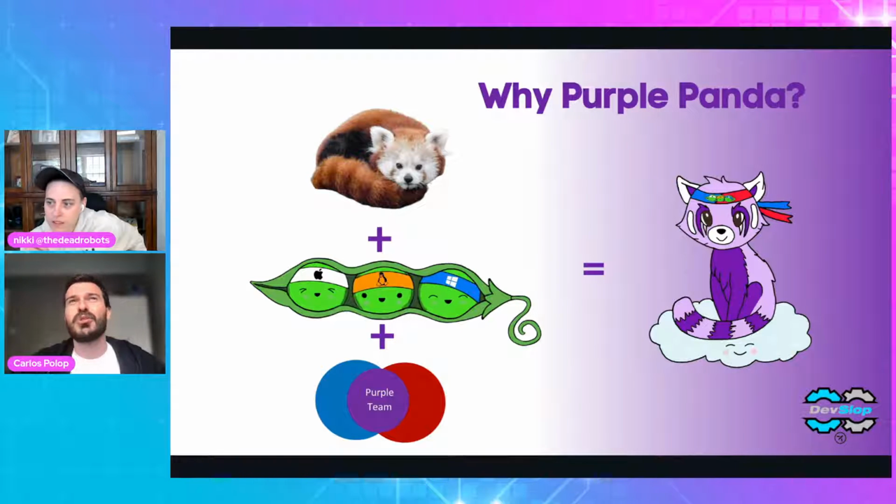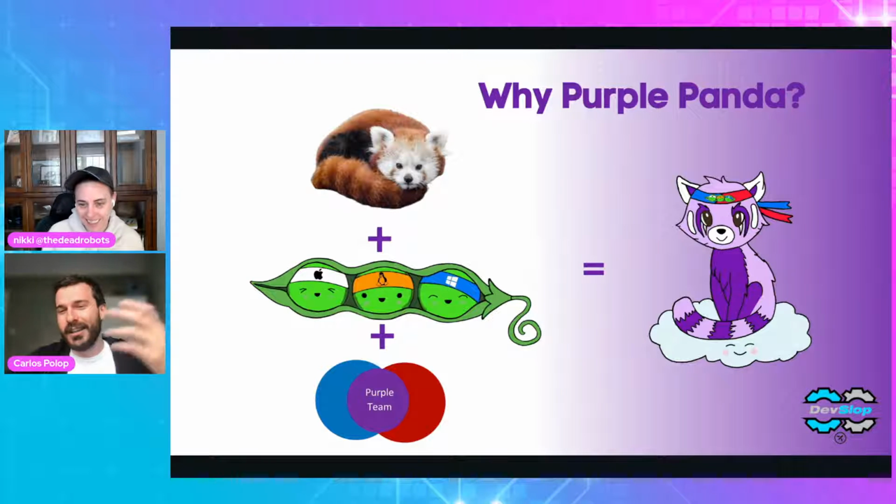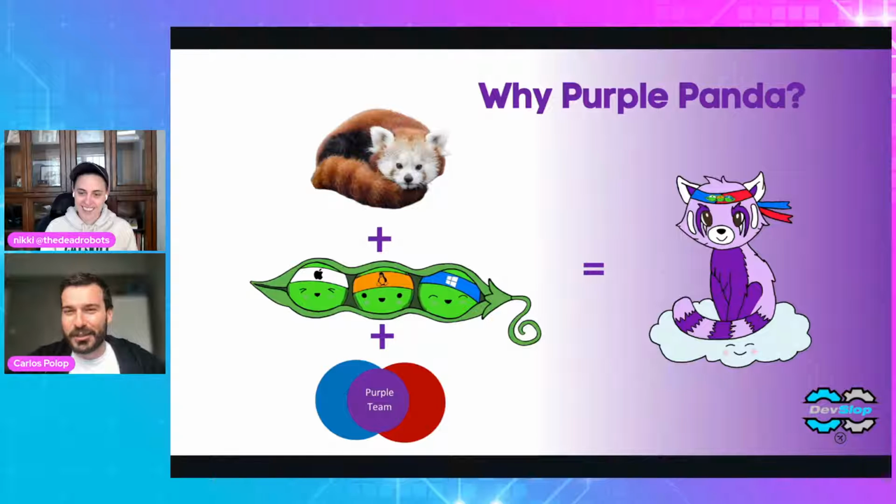So I was looking for an animal that eats peas, because the idea is that this tool is going to take some of the tokens that the PEASS find when you are trying to escalate privilege locally, and then do something with them. When I searched in Google for an animal that eats peas, the first one that appeared was a red panda, and I called it PurplePanda because I want people to know this is a tool for purple teams, not only for red teams. If I called it red panda, probably blue teams wouldn't use it. I like it. But yeah, that's the only reason behind the name.